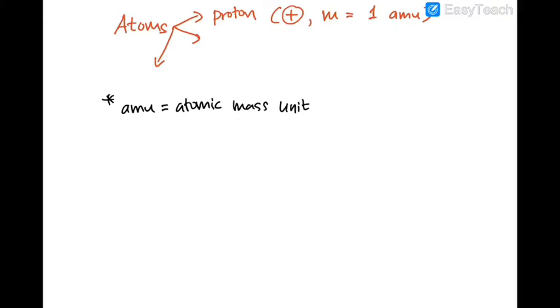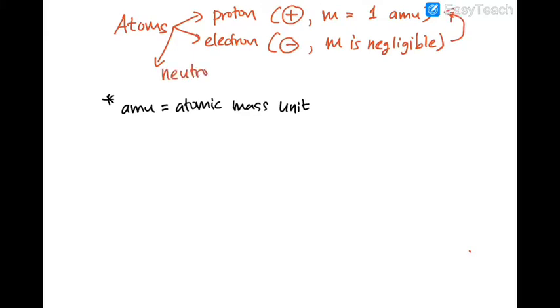And then we have the electron, which is negatively charged, but the mass is so low that it's often negligible because it's very light in comparison to protons. And the other one, the neutron, is neutral, so 0 charge, with also a mass of 1 AMU.